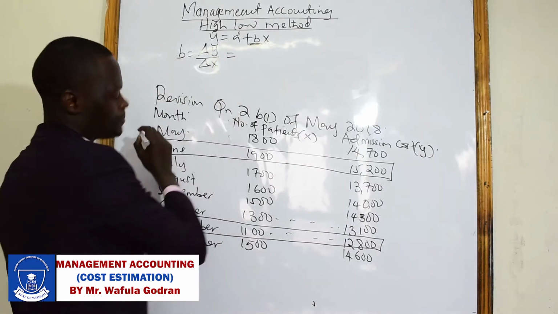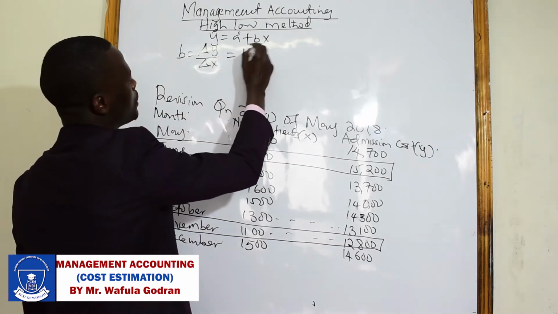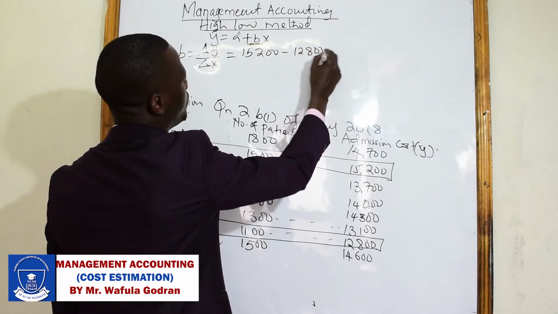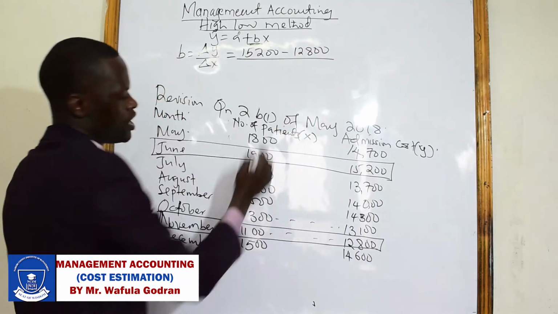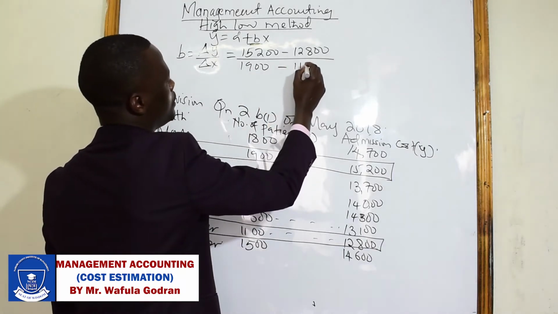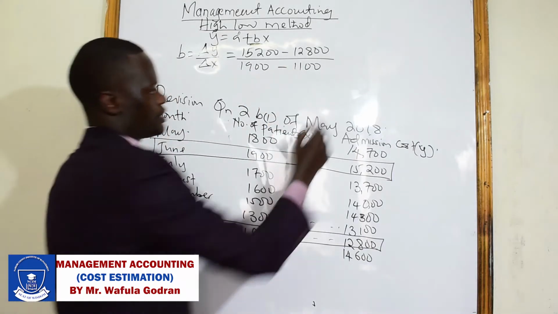So that will be 15,200 minus 12,800 divided by 1,900 minus 1,100.